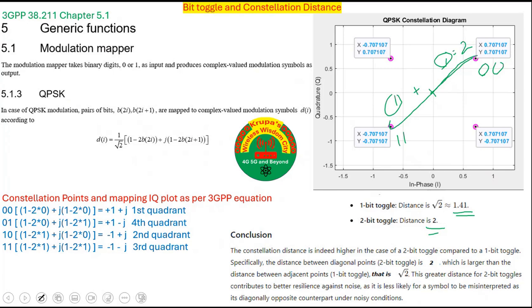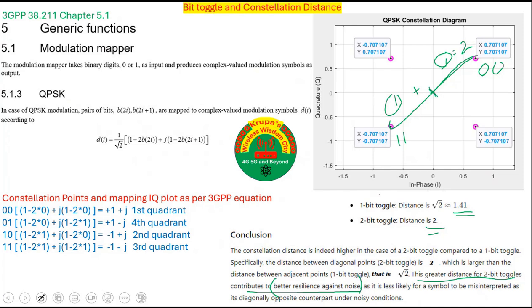Now the point is, when 3GPP designed this, there is a very key aspect of why they designed it this way. That point is this greater distance of 2-bit toggles contributes to better resilience against noise. This is very critical to understand.